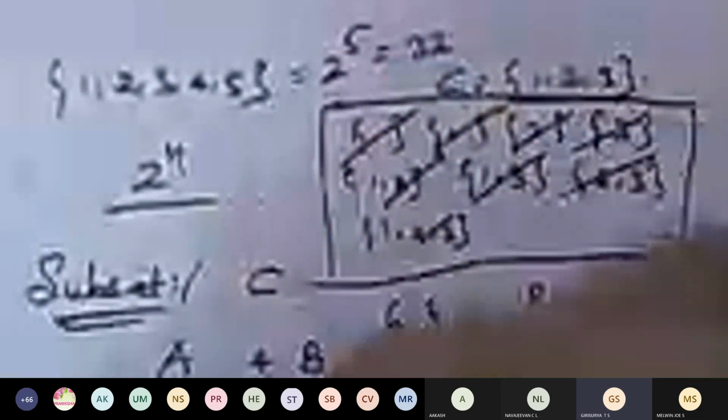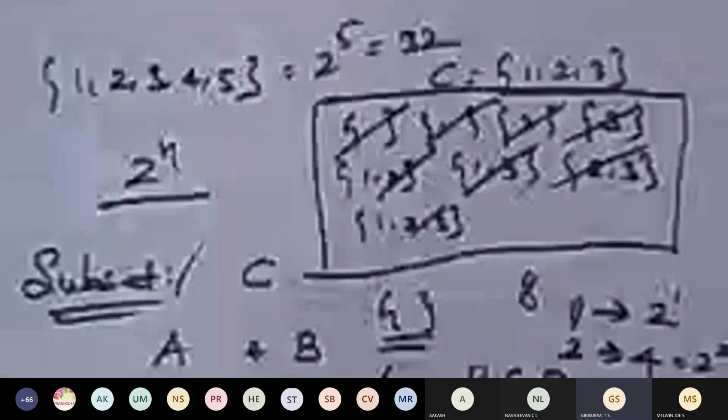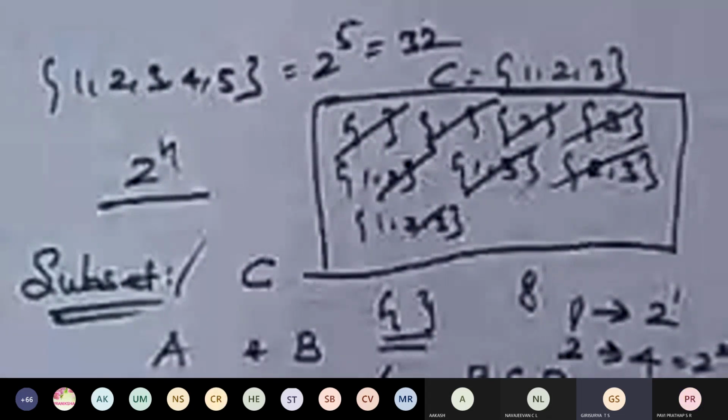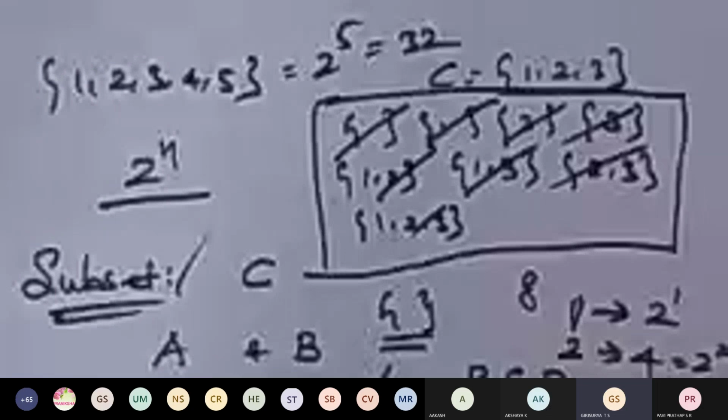Empty set, 1, 2, and 1, 2. This is called the power set of the given set A. So if I ask you to write the power set, you have to write all the possible subsets of the given set. You must represent all the subsets. That is called the power set.